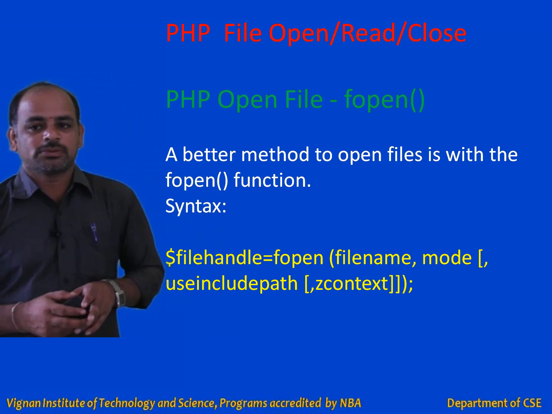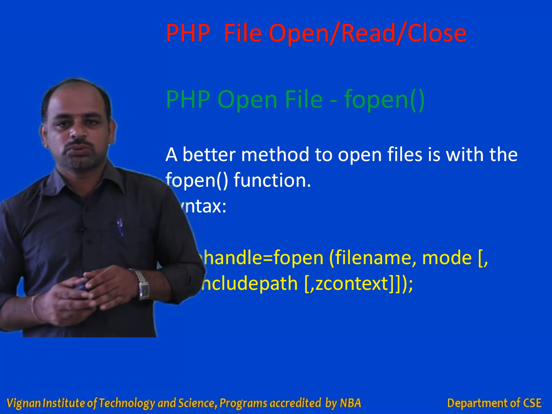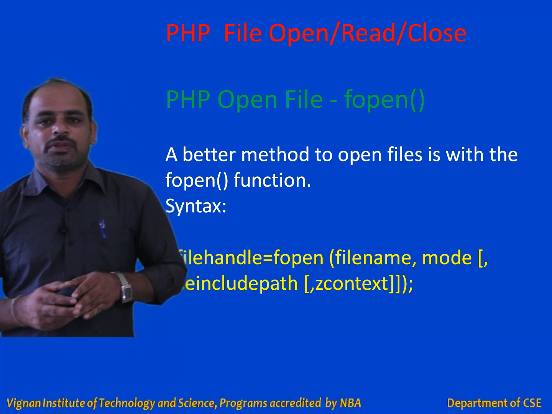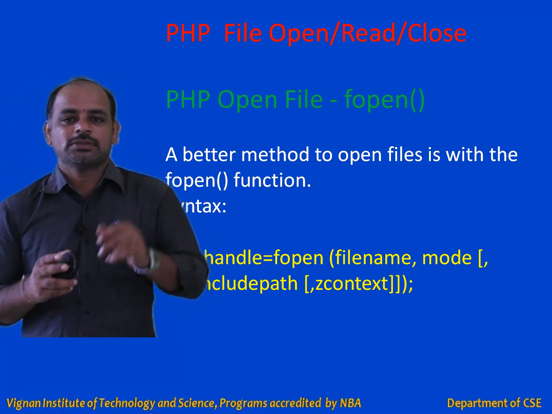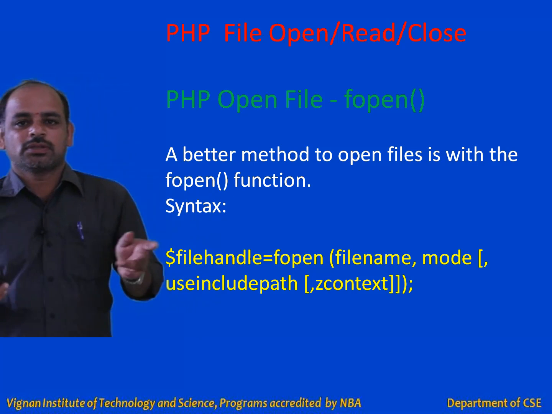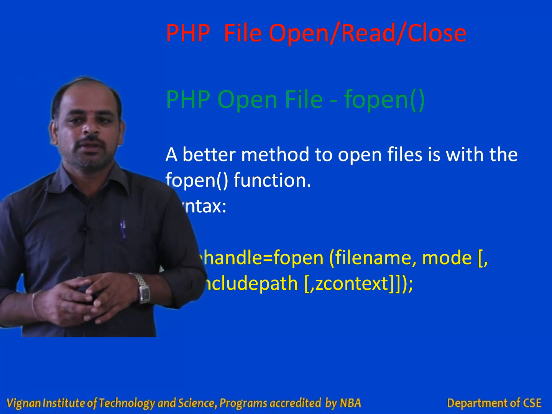What is the purpose of this? If you give its value as true or 1, it means you are going to search for the file in the include path. Otherwise, with false, you search for the file in the specified path.